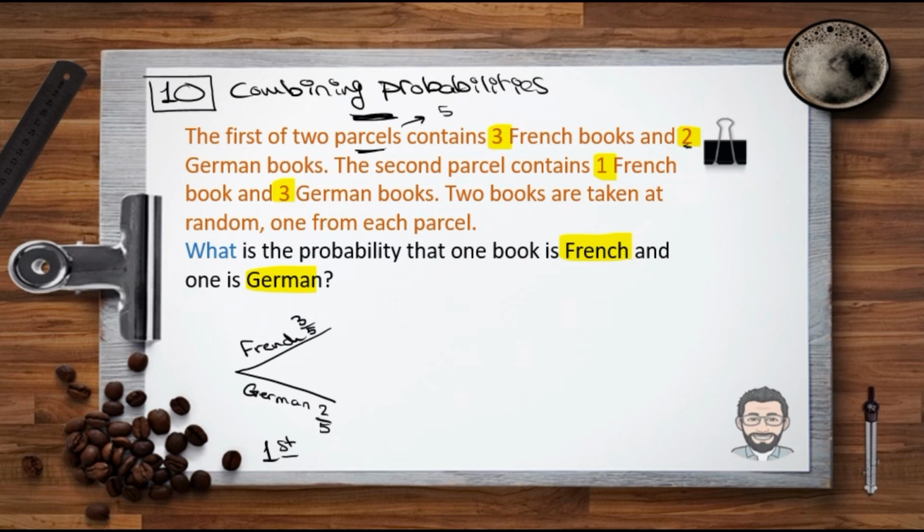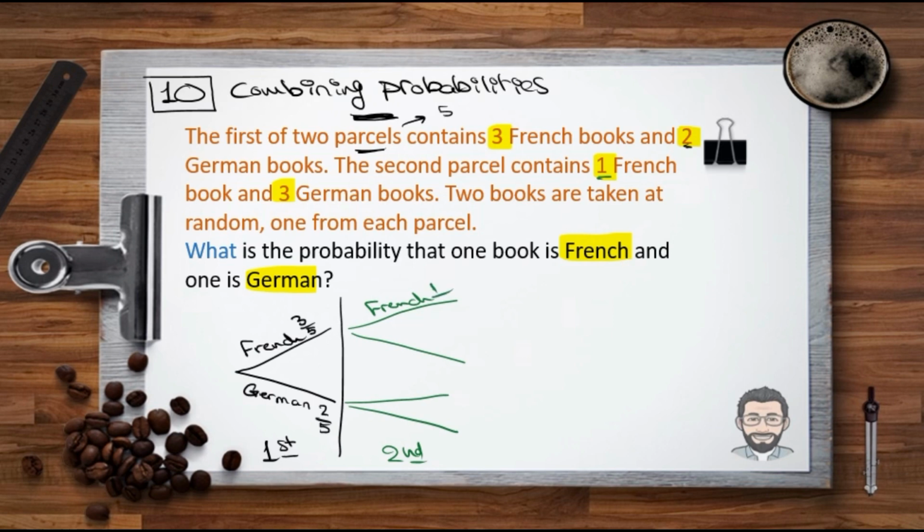Okay, now the second parcel. Let me change the color. Here we're going to put 2 branches here and 2 branches here, the same thing, up and down. He said 1 French, so French, I'm going to write here. It was 1 out of what?